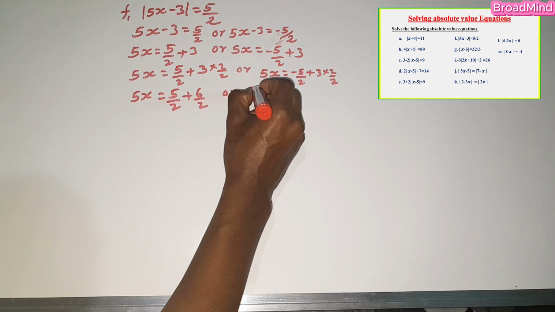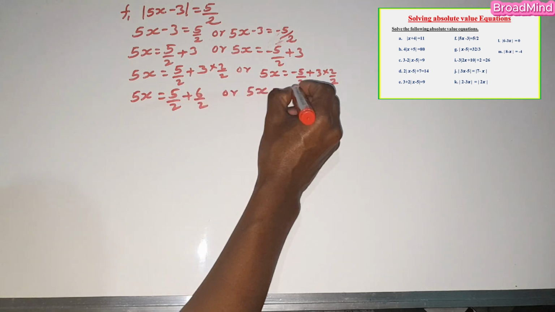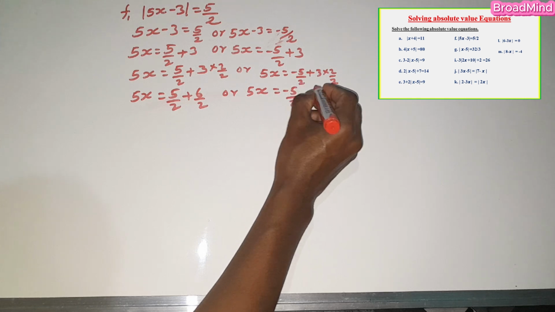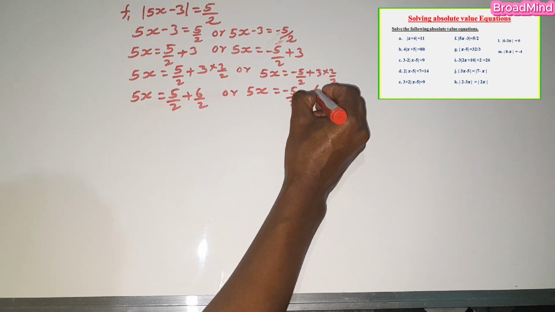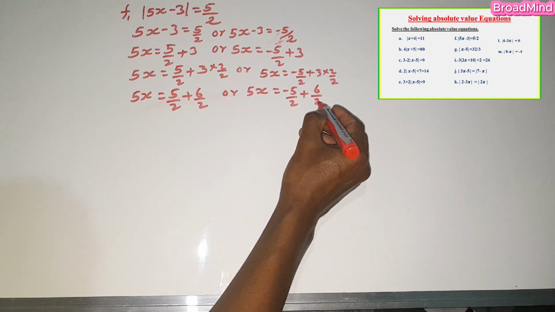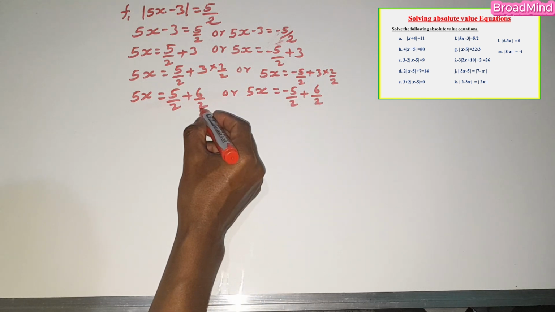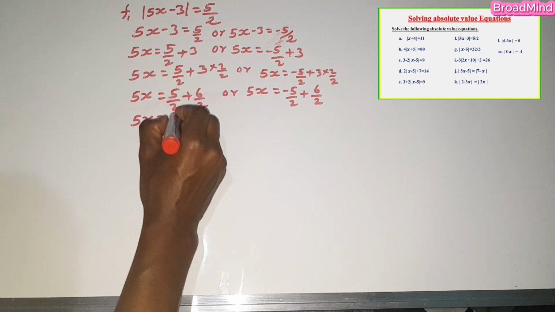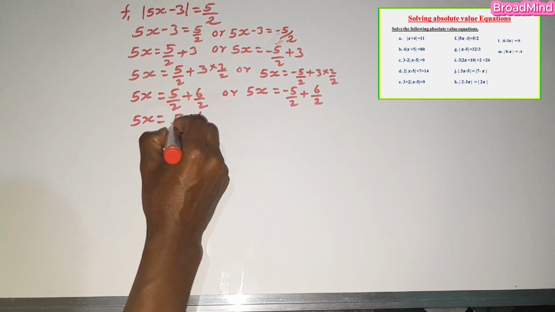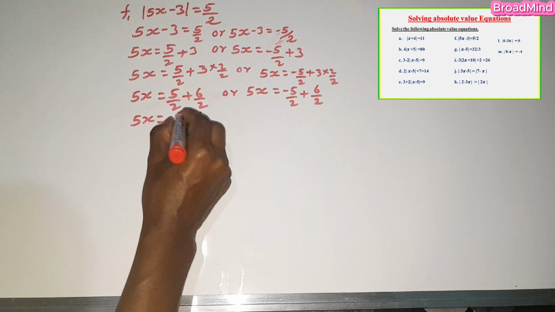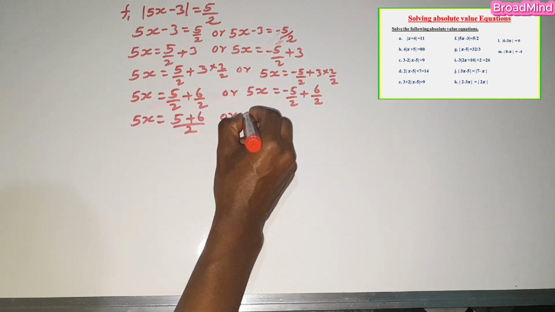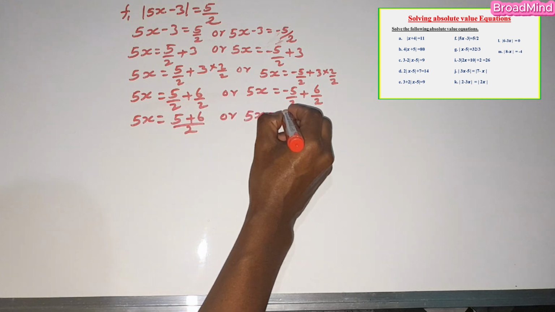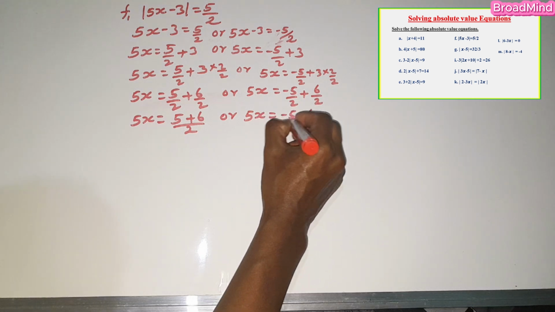Or 5x is equal to negative 5 over 2 plus 6 over 2. The same: here 6 over 2, here also 6 over 2. 5x is equal to, now 5 plus 6, take one denominator because they are equal, or 5x is equal to negative 5 plus 6 over 2.